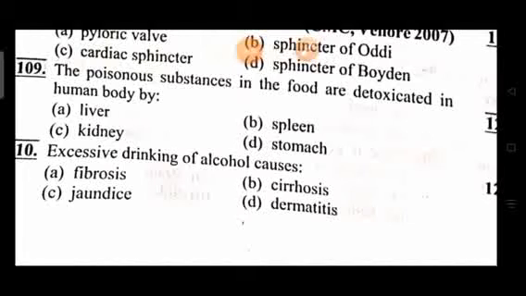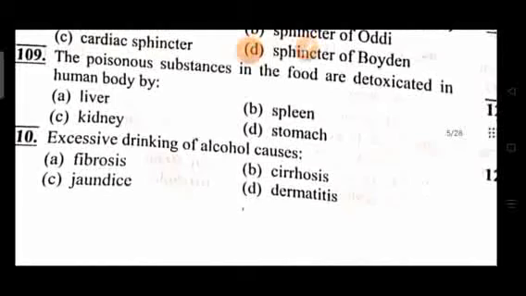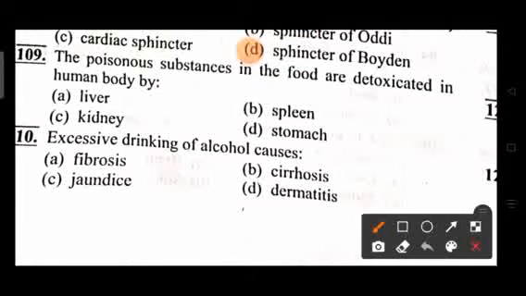It can be caused by various reasons, but excessive drinking mainly leads to liver cirrhosis, the liver becoming thin or functionless, losing its nature.